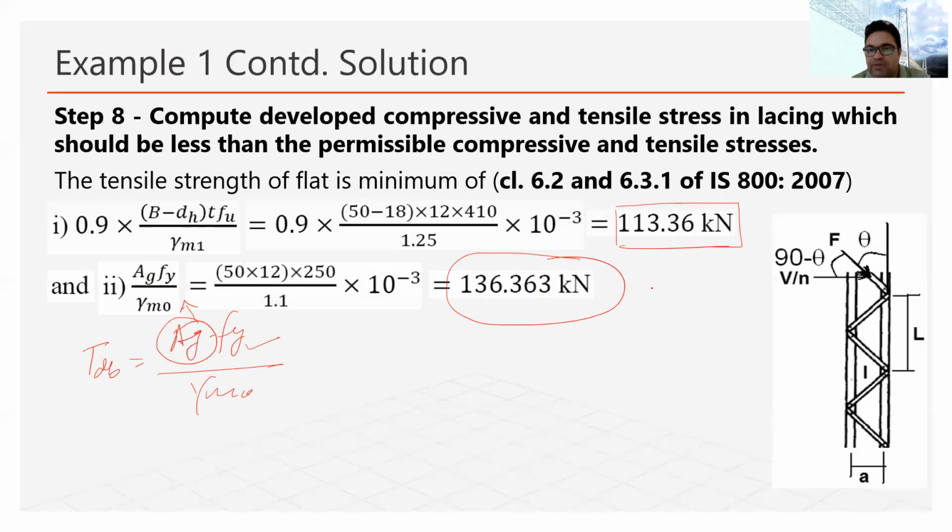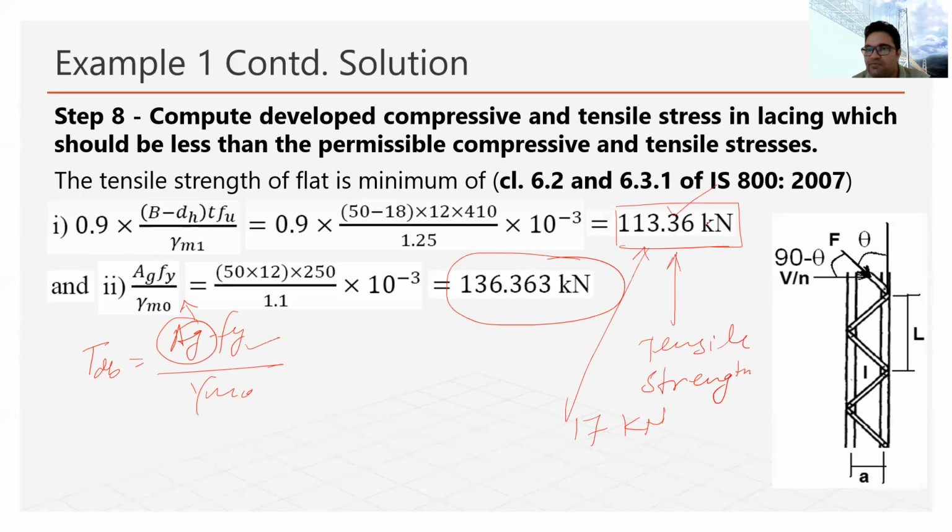The least value will be taken as the tensile strength of the bar. So the tensile strength of the bar will be 113.36 kilonewton. Again you can see the bar will experience approximately 17 kilonewton, and the strength of this lacing bar in tension is 113.